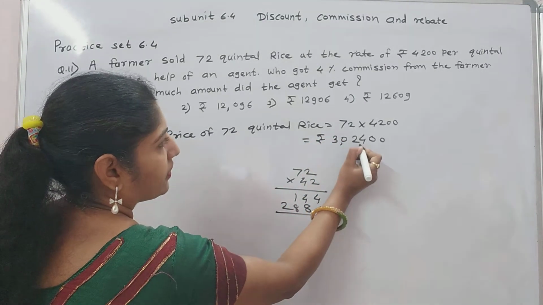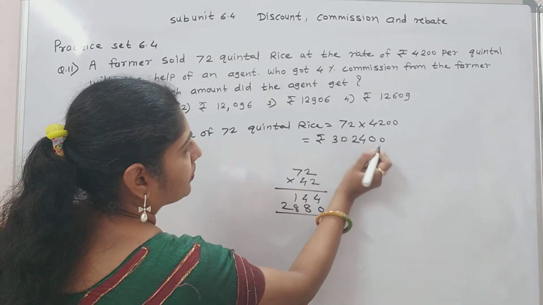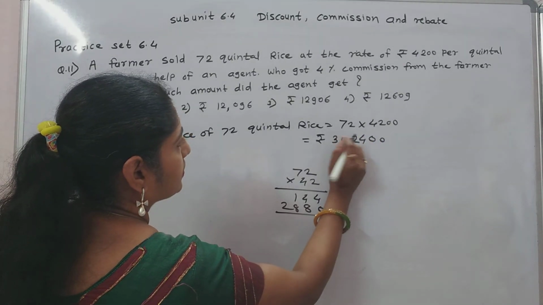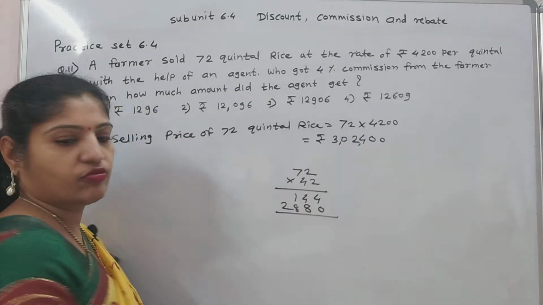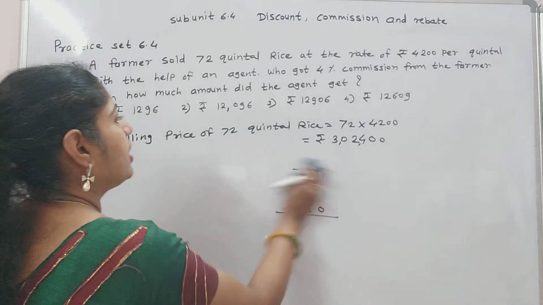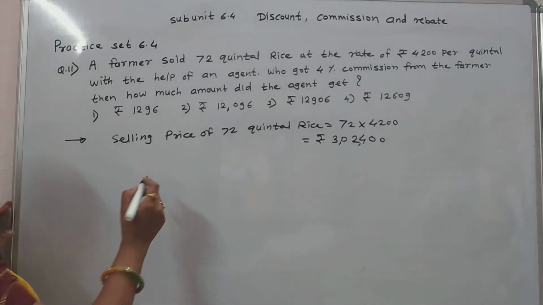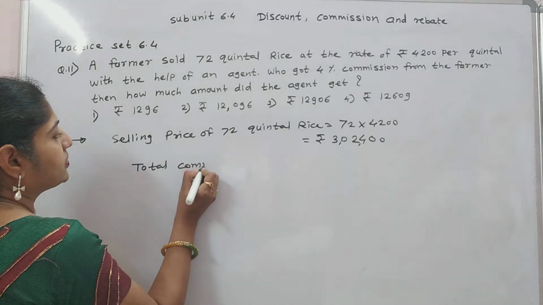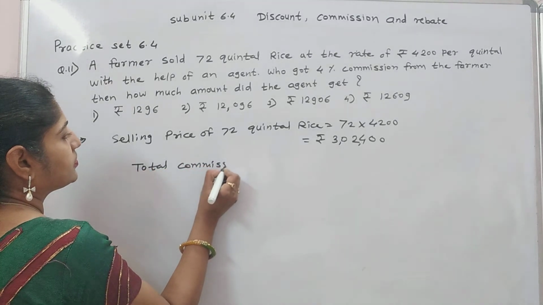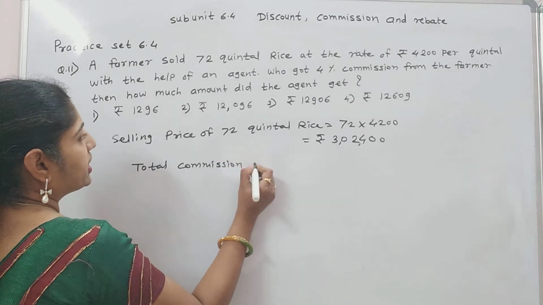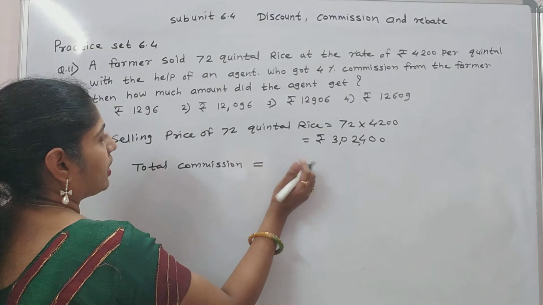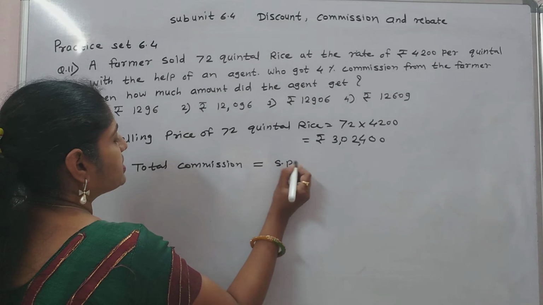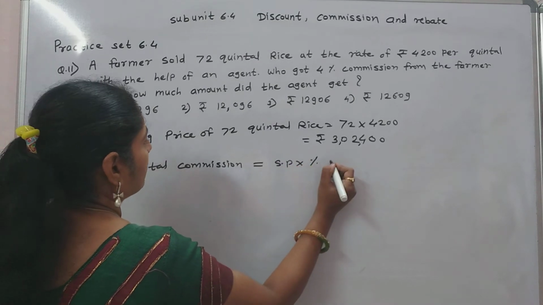Three lakh 2,400. Now find the commission. The agent gets total commission: selling price into percentage of commission.